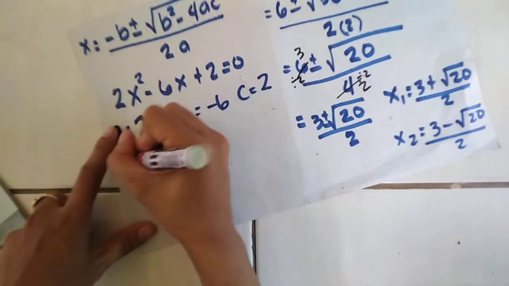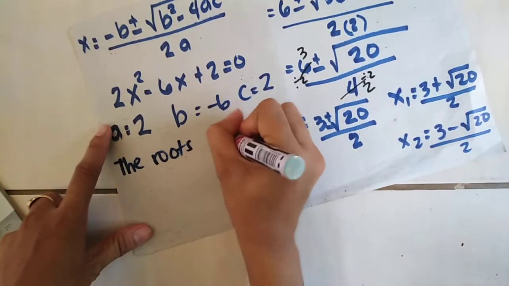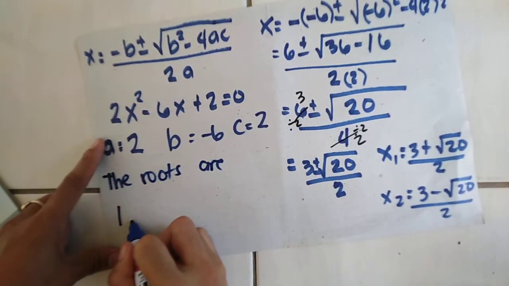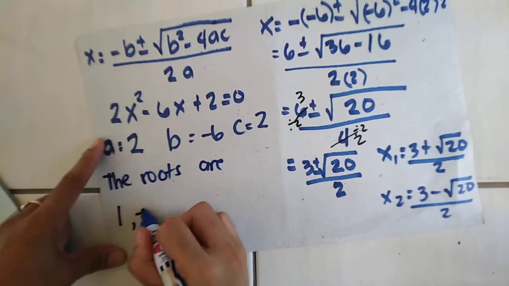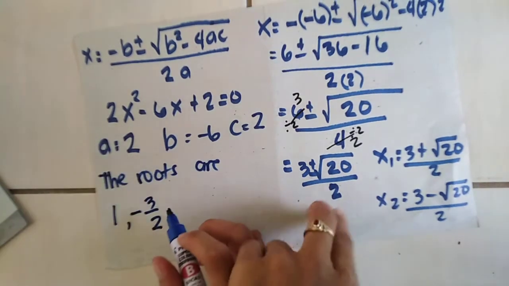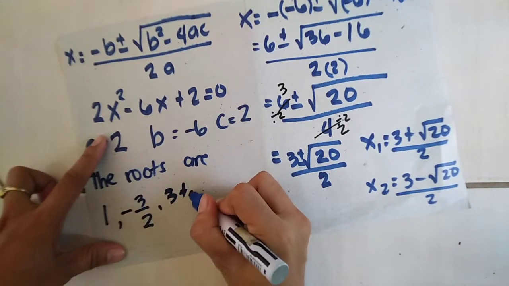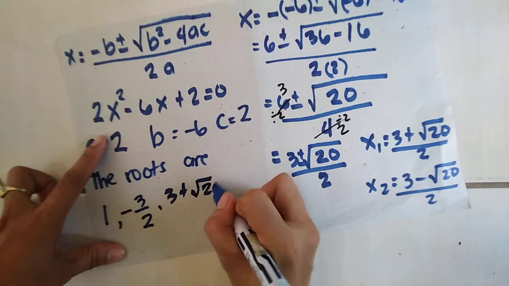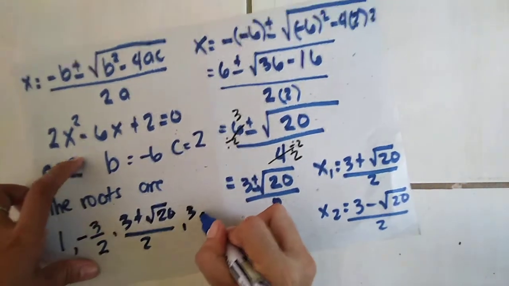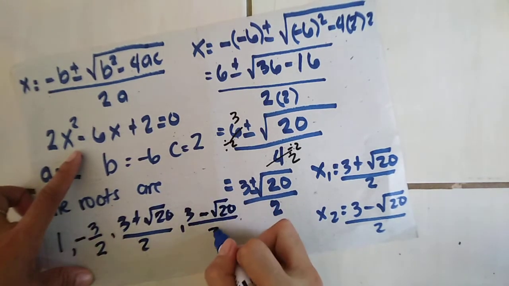So the roots are 1, then we also have negative 3 halves. And then the roots from the two factors: 3 plus square root of 20 over 2, and 3 minus square root of 20 over 2.